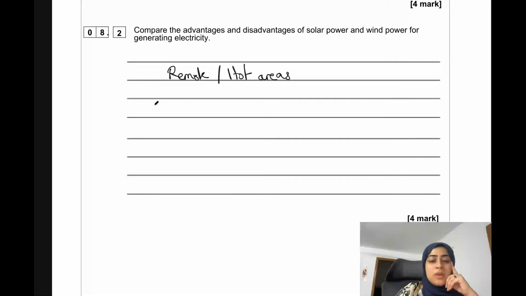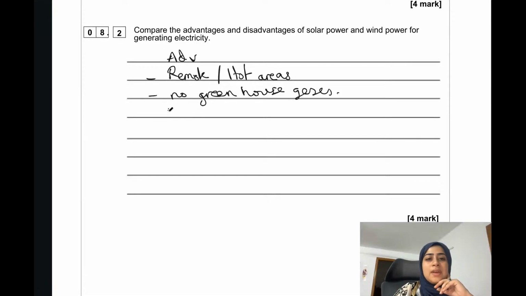And also there's no greenhouse gases, it's renewable as well. But a disadvantage of solar is that it relies on the sun. It's dependent on the sun. If it's sunny one day, you'll get a lot of energy. If it's not, you won't.